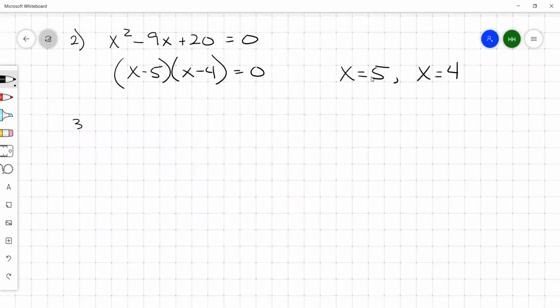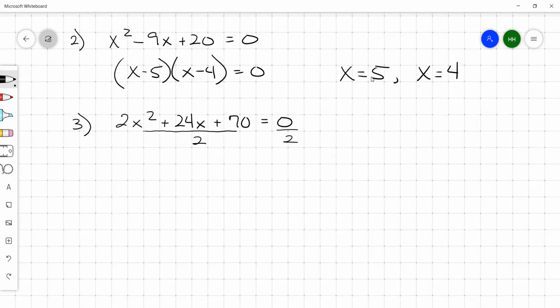Number 3. 3 and 4 are very similar. Number 3, you got 2x squared plus 24x plus 70 equals 0. Now, this is where you got to see that all of your terms are even. They're all divisible by 2. So we can divide both sides of this equation by 2.